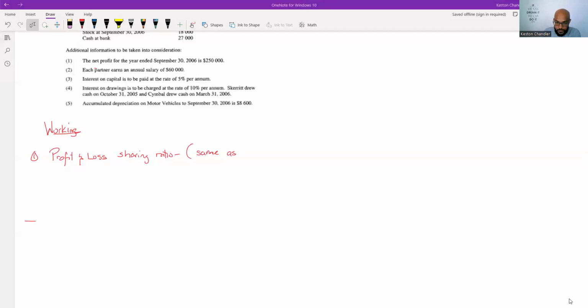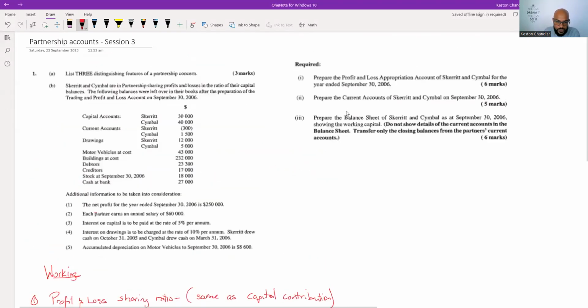Right, so we're looking at the working. We said that we're beginning with the profit and loss sharing ratio, same as the capital contributions. Now the working is not in any particular format or order. I'm just doing it based on how information is provided in the question. The first thing that I saw was the profit and loss sharing ratio up here, same thing as the capital balances.